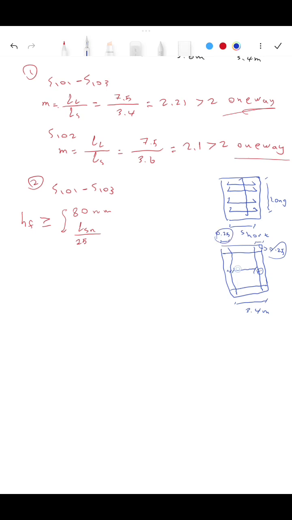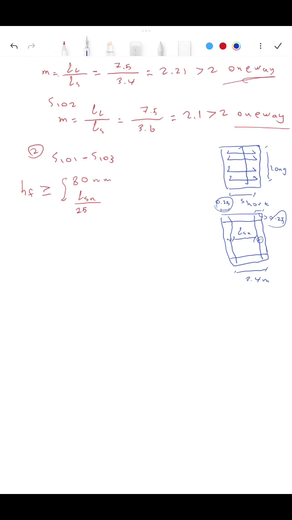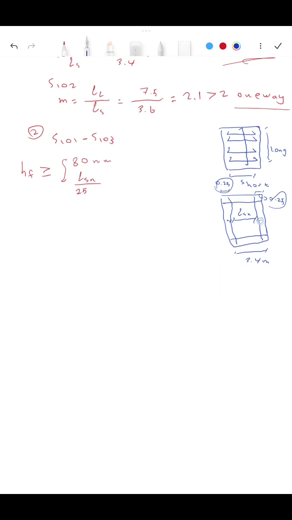So LSN is only the space in the middle, the inner span. So from it we subtract half of the 0.25 and half of the 0.25.